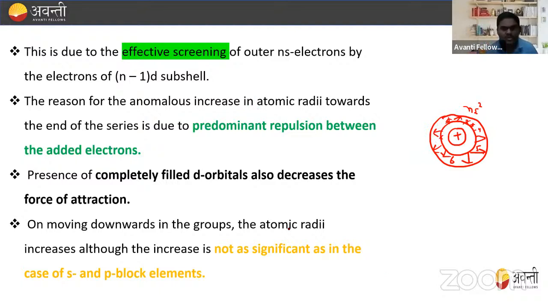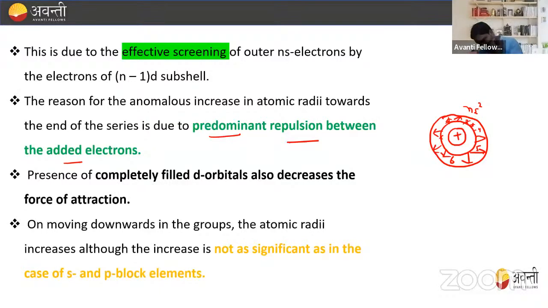So the reason for the anomalous increase in the atomic radii towards the end of the series is the predominant repulsion between the added electrons. This is called the effective screening of the outer ns electron by the electrons of the (n-1)d subshell. The electrons present in the penultimate shell, the (n-1)d subshell, as their number increases, provide screening to the outer ns electron.